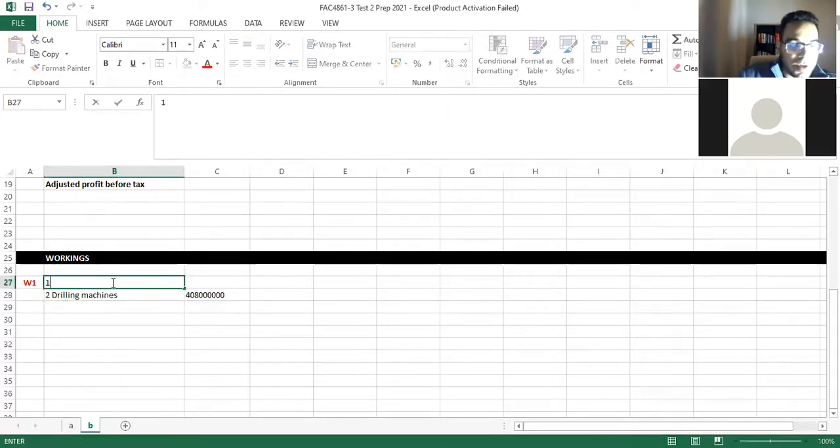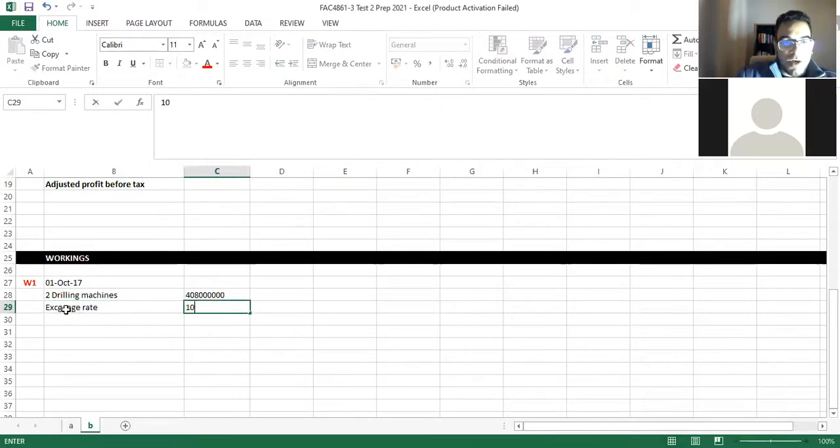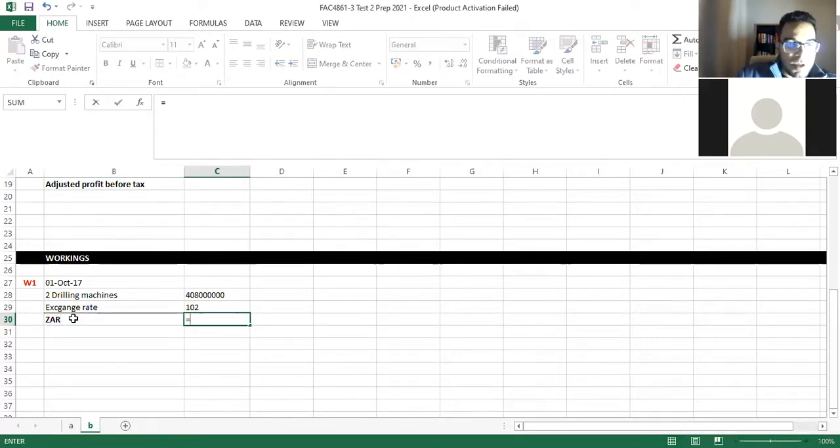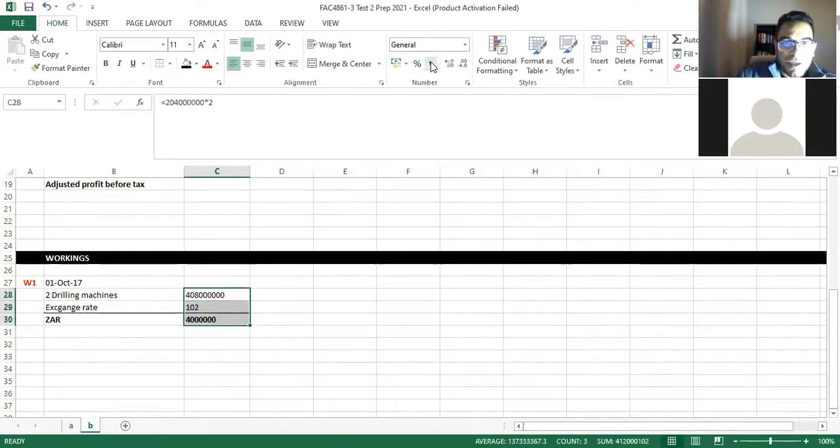So this is on 1 October 2017. Exchange rate is 102. So therefore, the ZAR amount on 1 October would equal that divided by that. Then we would have said debit inventory, credit trade payable.